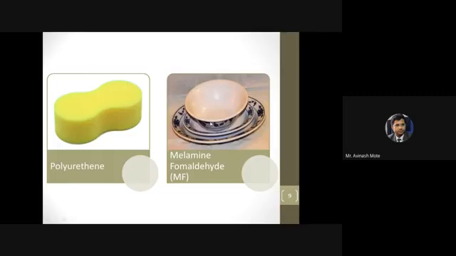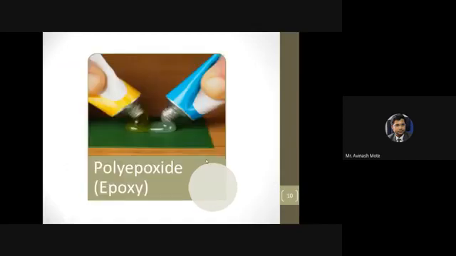On the table you will find the surface made from this particular plastic, and inside that you will find wood. The table is made from wood, but the surface is from this plastic. Melamine formaldehyde.